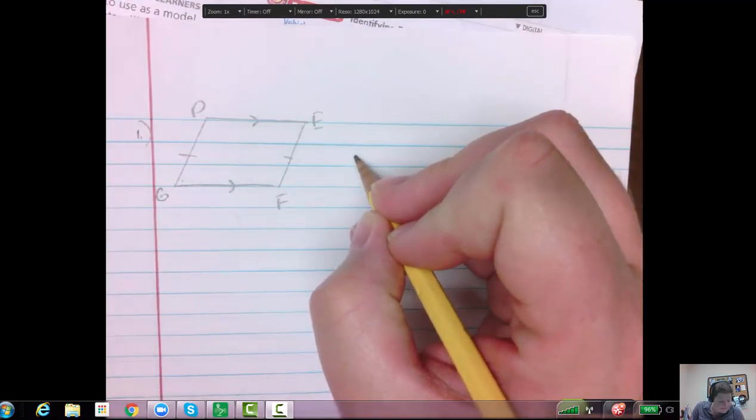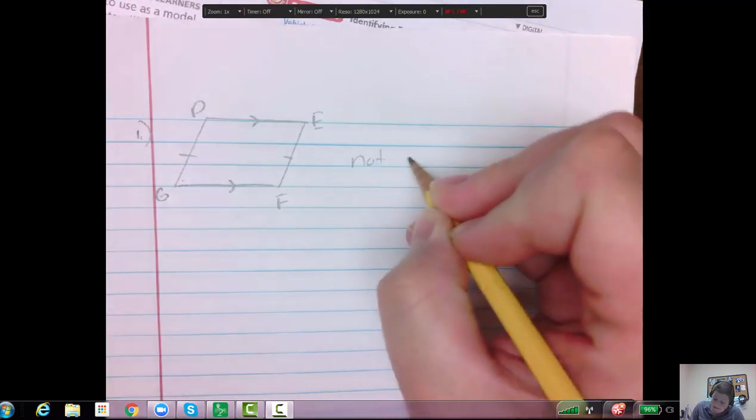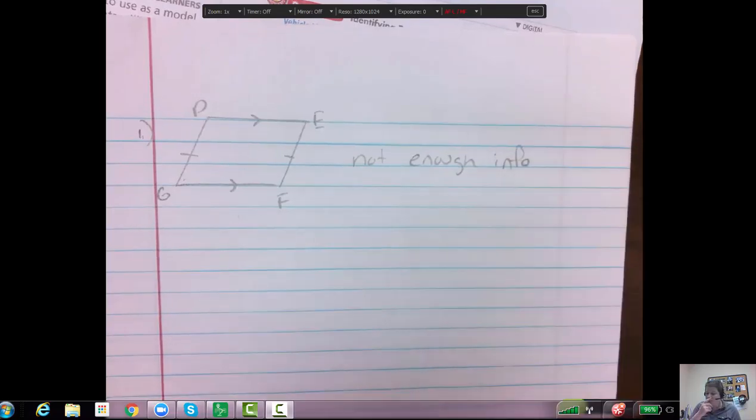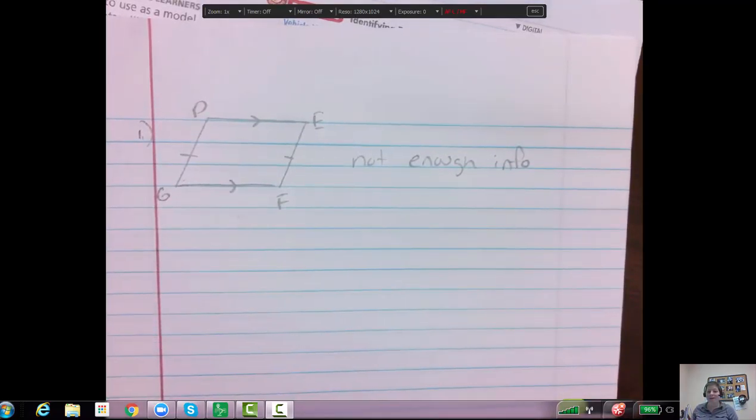So, not enough info. We need one or two more pieces of information to prove those are parallel. Look at what we're given, and can we use any of those theorems to help prove it?